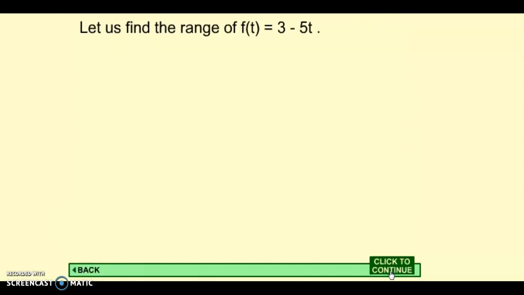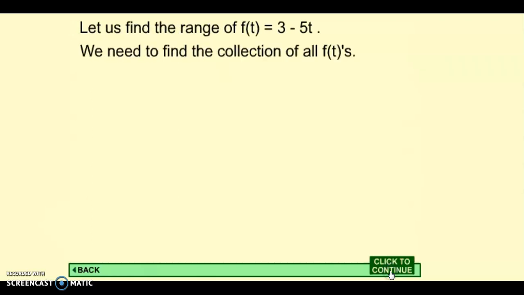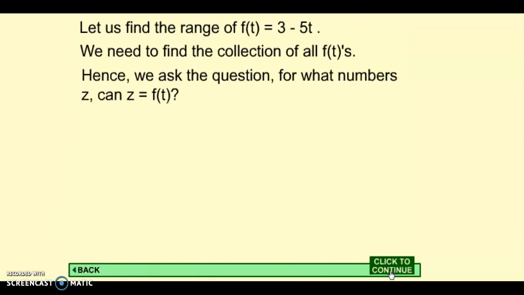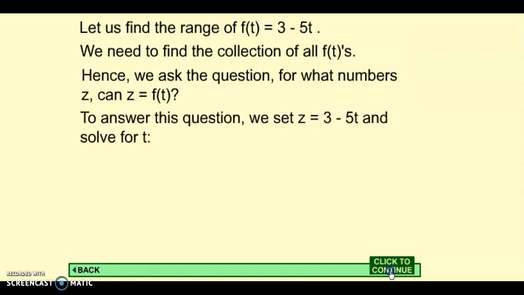Now, finding the range. How can you find the range of a function? Let us find the range of f of t equals 3 minus 5t. We need to find the collection of all f of t's. Hence, we ask the question: for what number z can z be equal to f of t? To answer this question, we set z equals 3 minus 5t.